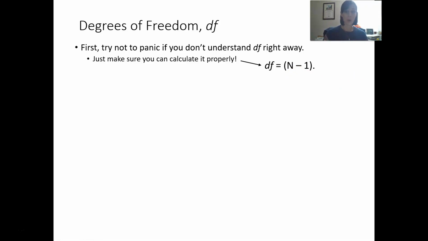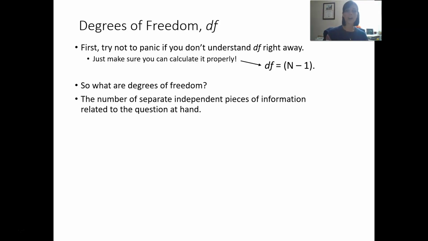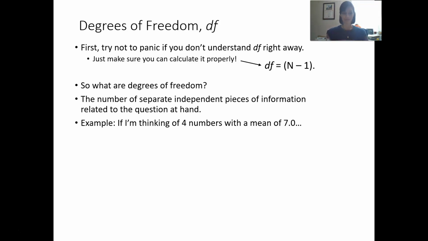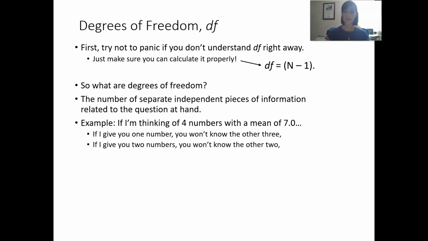So what are degrees of freedom? Degrees of freedom are the number of separate independent pieces of information that you need related to the question at hand. So if I'm thinking of 4 numbers with a mean of 7, what this means is, if I give you 1 number, you still don't know the other 3. If I give you 2, you won't know the other 2.